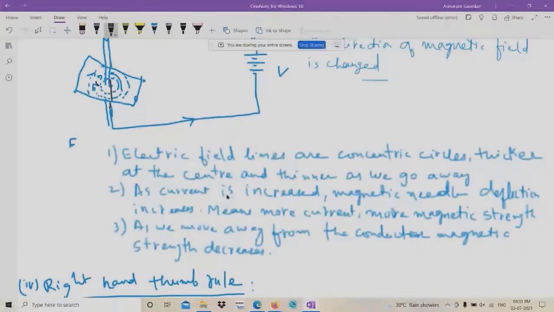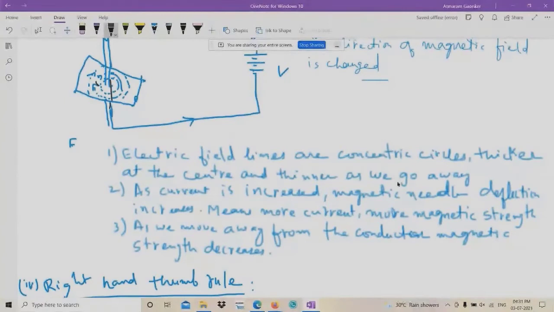Third point is, as current is increased, the magnetic needle deflection increases. That means the magnitude of the magnetic field is directly proportional to the current. If the current is more, the magnitude of the magnetic field is more; if the current is less, it is less.